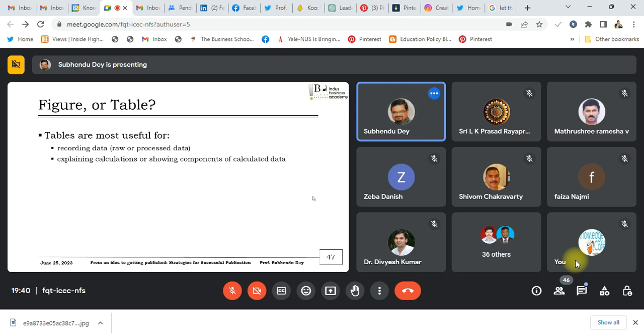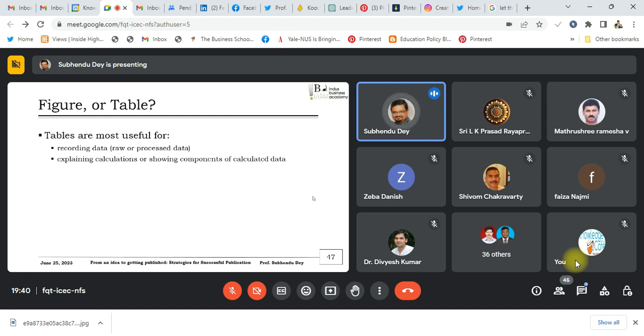Figures, you can use to put an overall trend, or you can put a picture. If you look at the paper that I have shared with all of you, you can find pictures of the marketplaces of both India and Vietnam. It is difficult for me to take the readers to the marketplaces, but the pictures at least will give them an idea of how the marketplaces look.